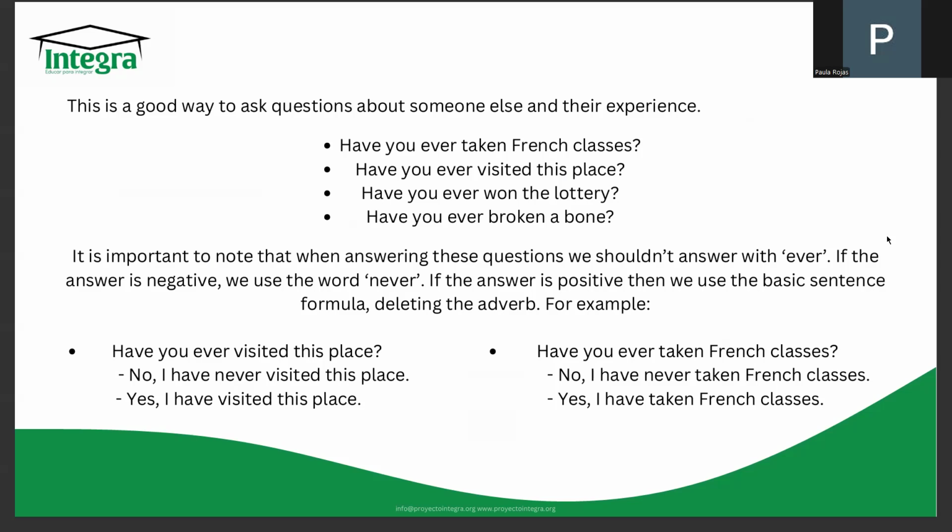But in case that you have visited that place, right, it's an affirmative sentence, you just take the word away. Yes, I have visited the place. You can see that in the sentence, neither never nor ever are present. We took it away. Another example, have you ever taken French classes? No, I have never taken French classes. Or yes, I have taken French classes.